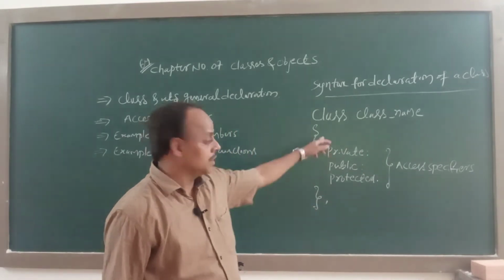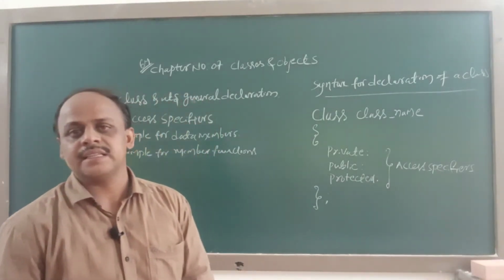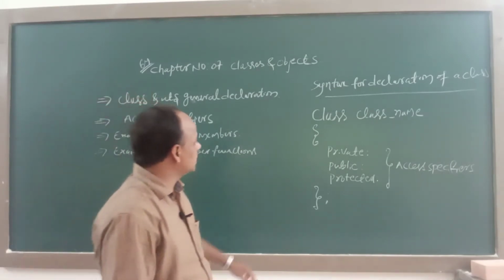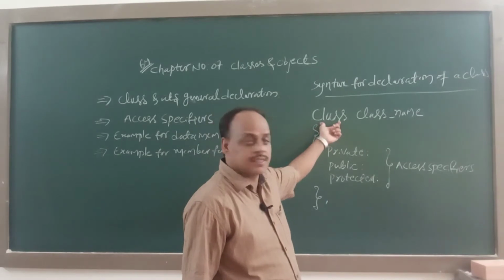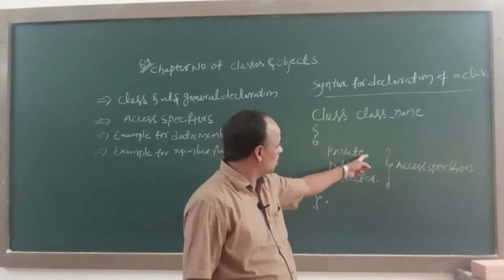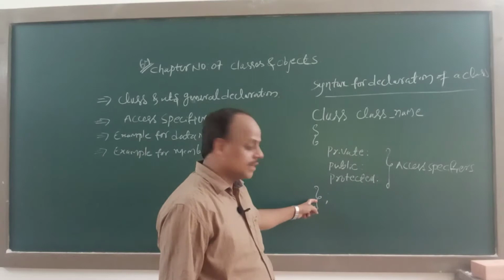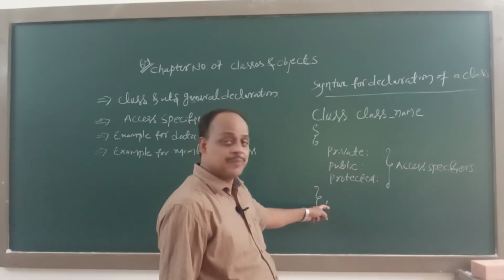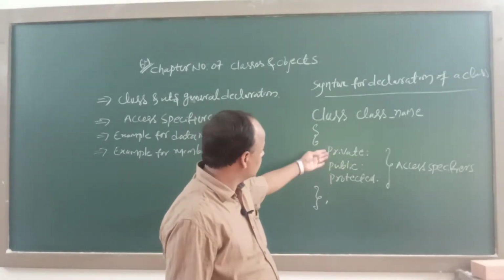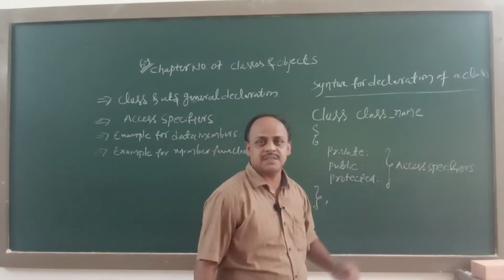So this is the general syntax of declaration of a class. We have to write it as it is. These private, public, protected are called access specifiers.